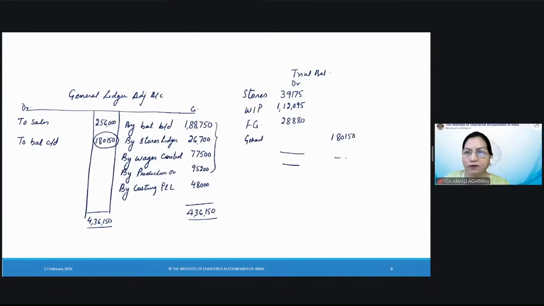Find out the total of your trial balance. So this is also 1,80,150, right?